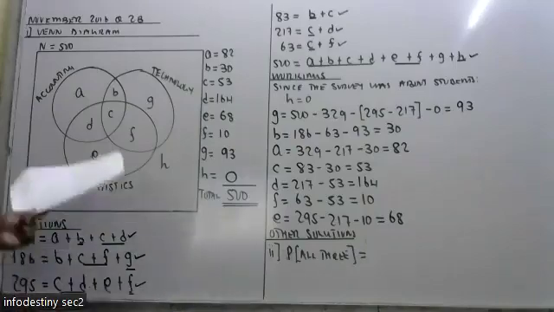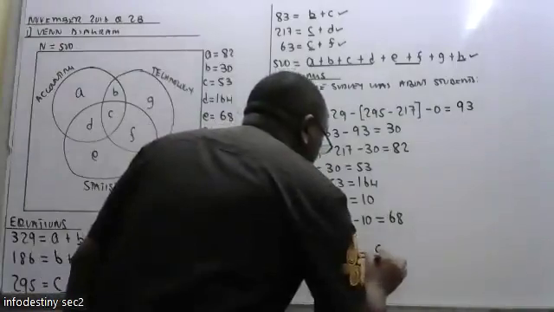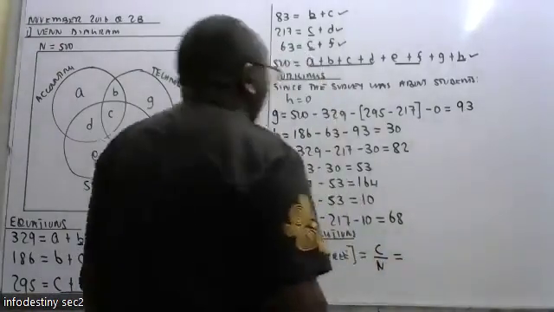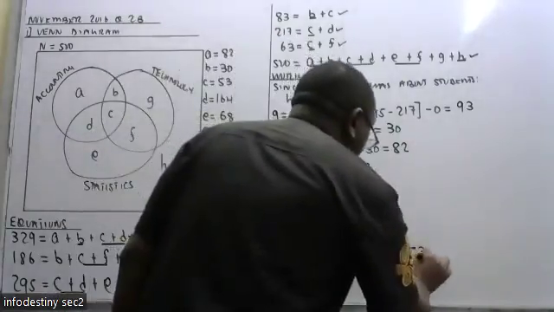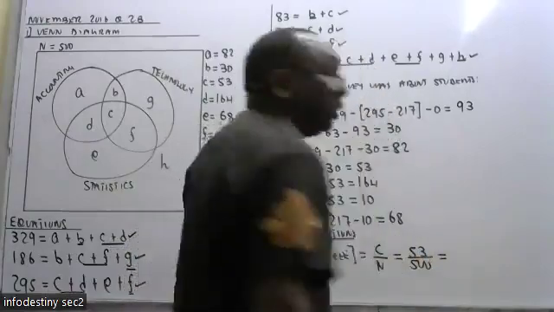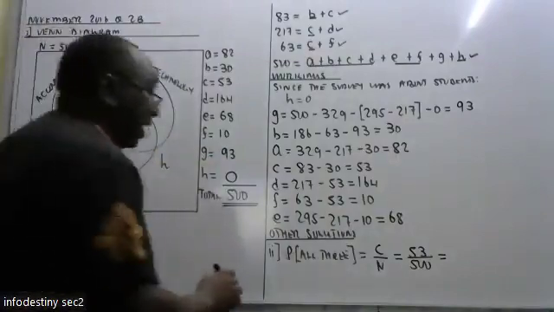So all the three is C. So it is C you divide by N. So that will be 53 you divide by 500. You can either leave it that way or you can choose to simplify by 5.